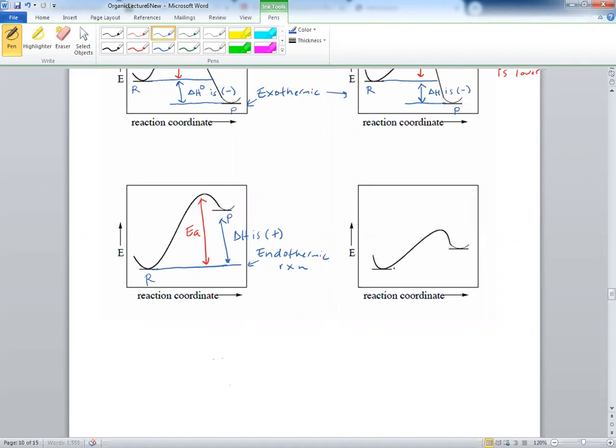Now let's look at this one. Same thing. This is the difference. Delta H is still positive because the products have a higher energy than the reactants. But let's look at their EA.